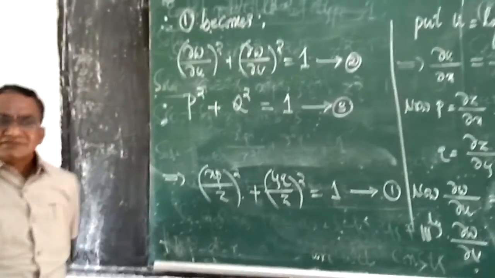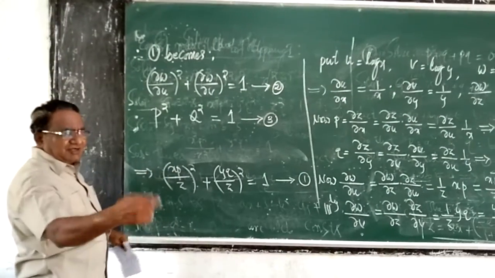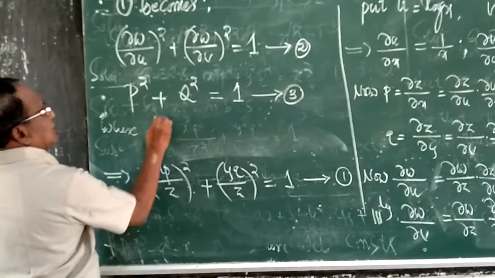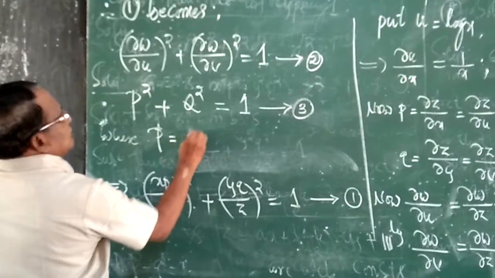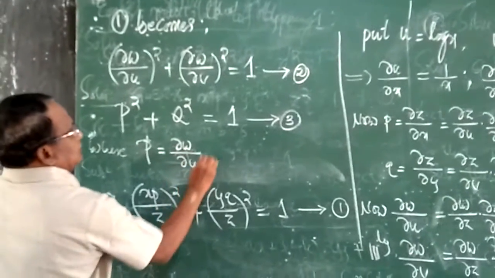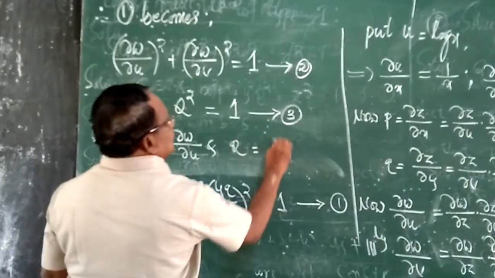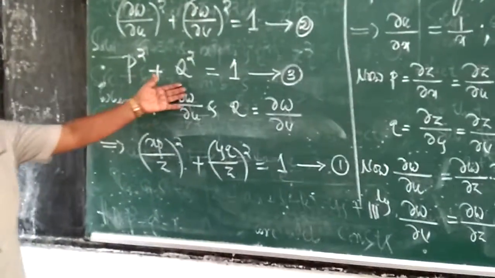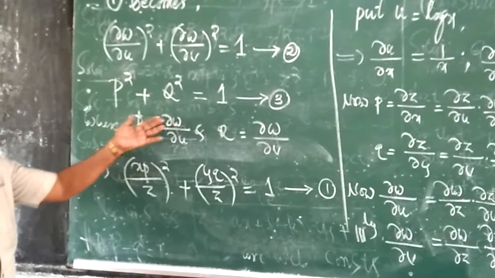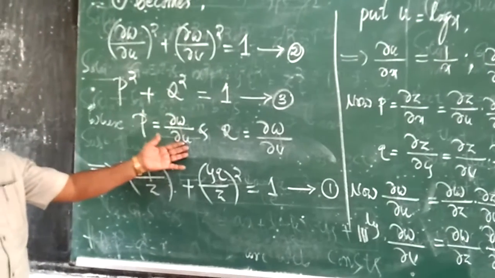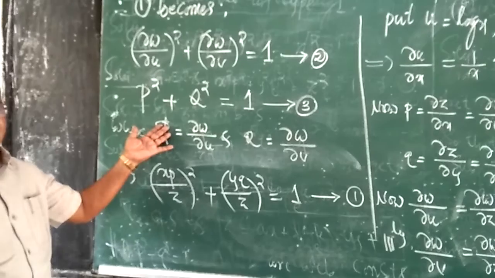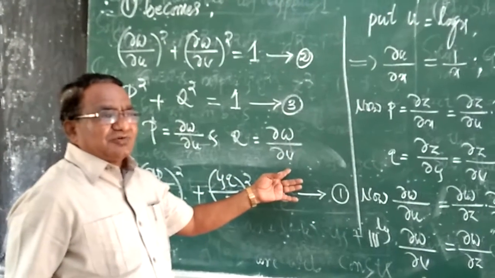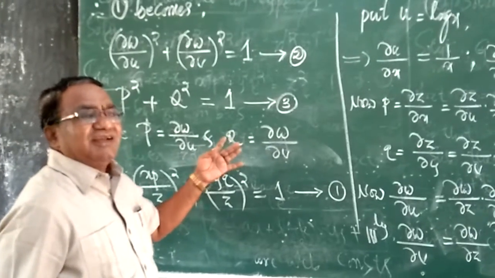It is your convenience. Here capital P is dou w by dou u and capital Q is dou w by dou v. Instead of dou z by dou x, small p, I have written dou w by dou u as capital P, and instead of dou z by dou y I have written dou w by dou v as capital Q. It is just my convenience.